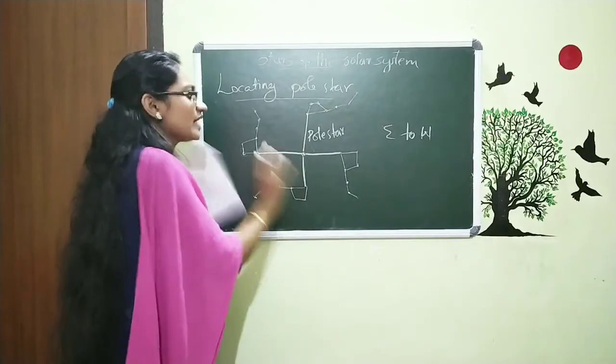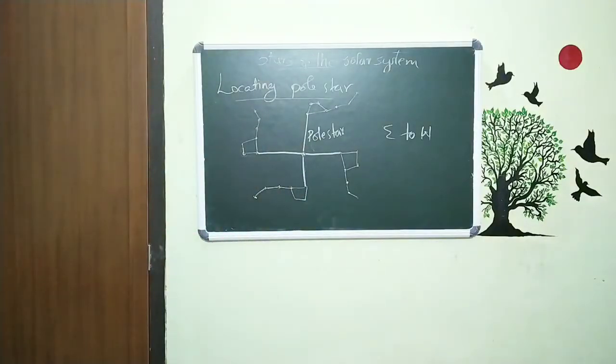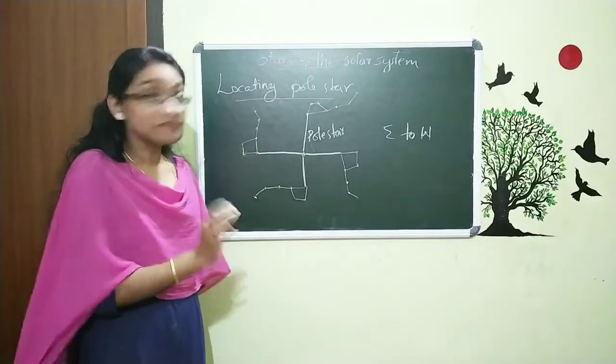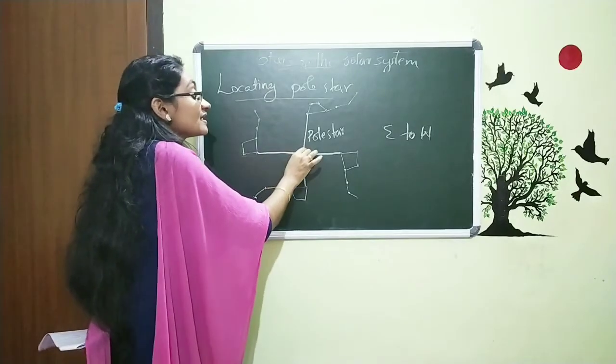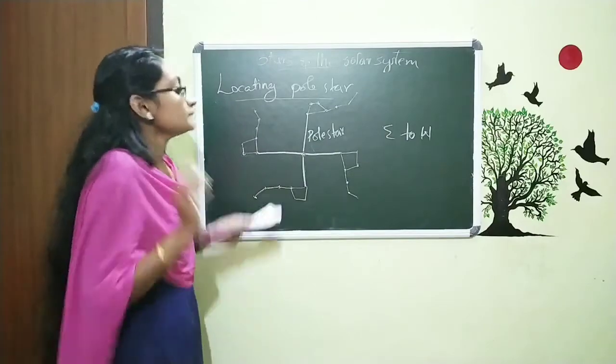You just want to identify this diagram, and the diagram is there in your textbook at page number 222. Sorry, 223, I hope. So this is the motion of the Big Dipper, considering the pole star at the center. Nothing else is there, just observe this.